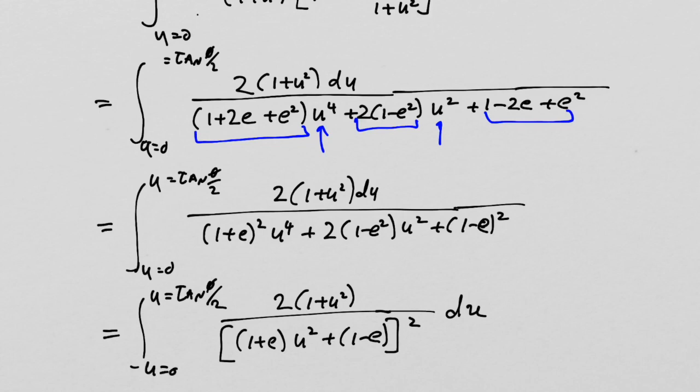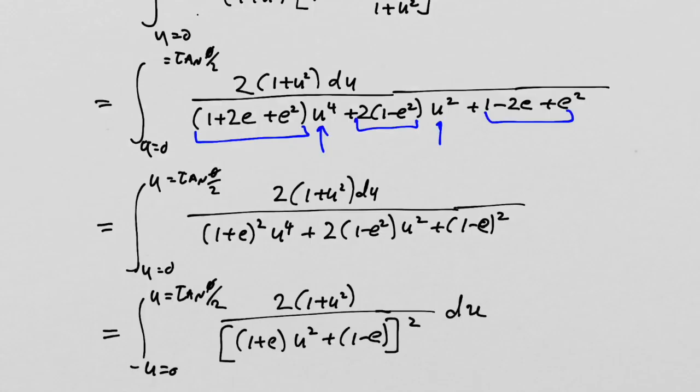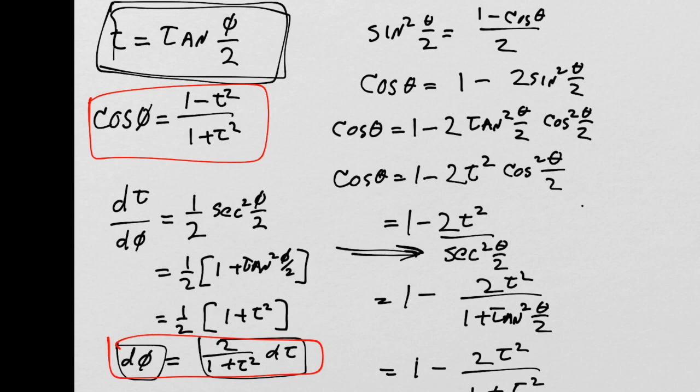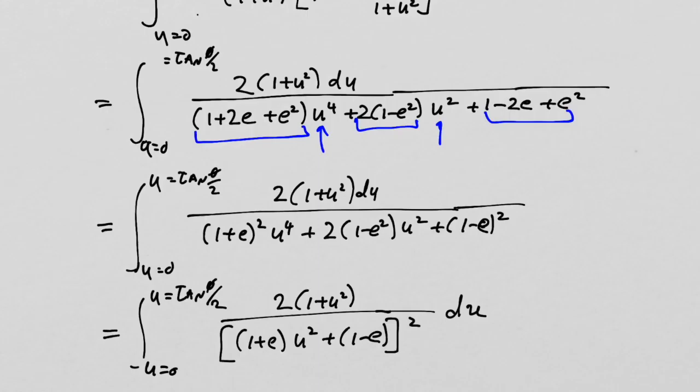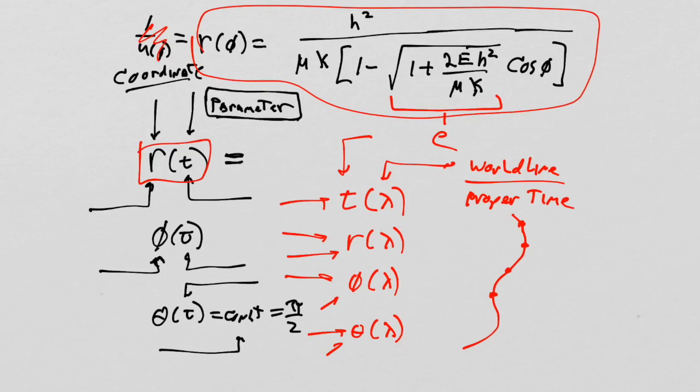In other words, just to be very clear here, the substitution that I'm actually doing now is u equals tan phi over 2. But this u here is completely unrelated to the u from the previous lecture. That's not the same u. That u's long gone, because we have r as a function of phi there.